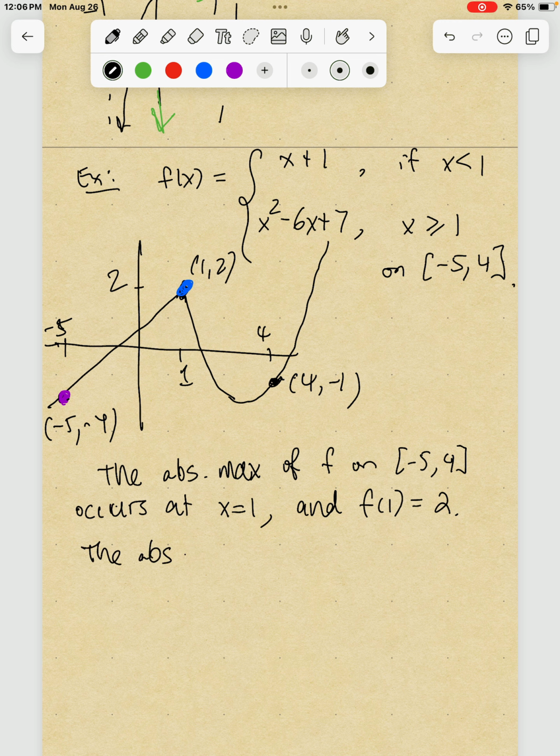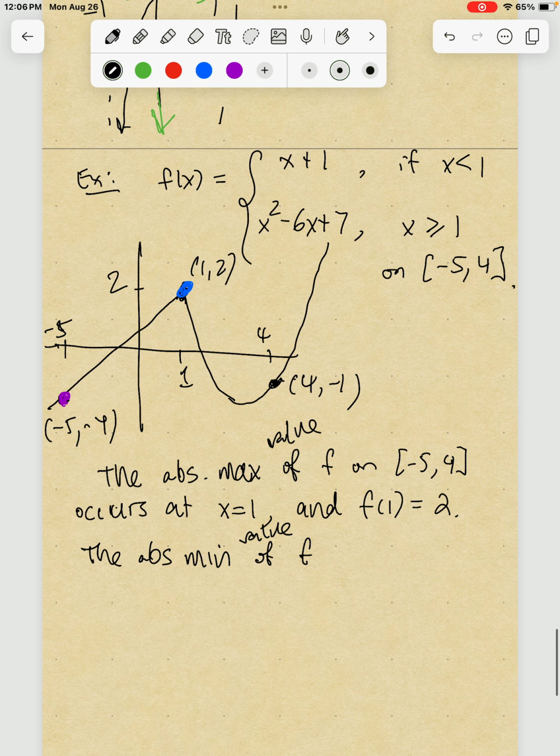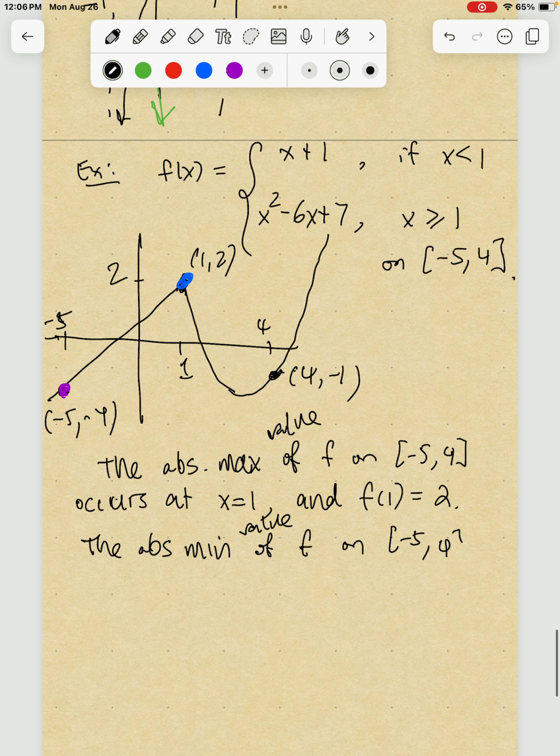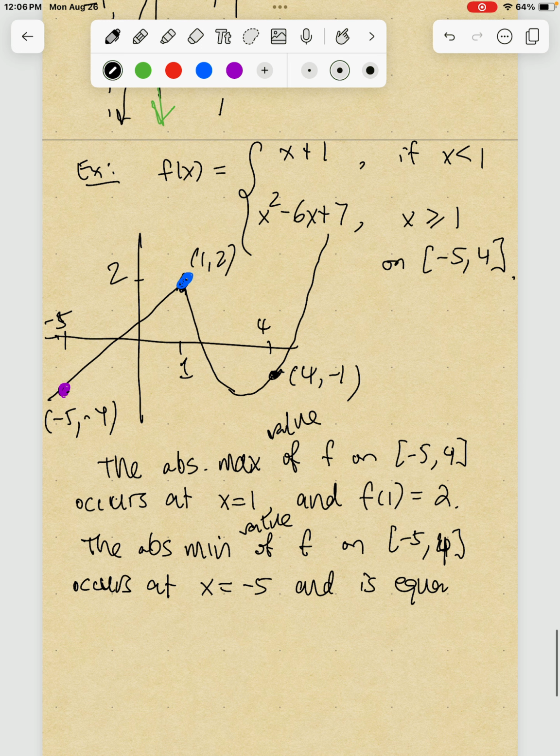The absolute minimum of f on the closed interval from -5 to 4 occurs at -5 and is equal to f of -5, which is -4. So the absolute maximum value of f is 2, and the absolute minimum value is -4.